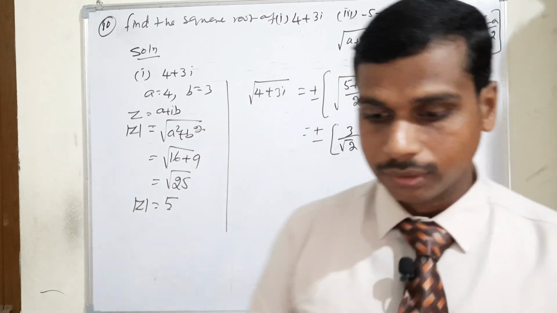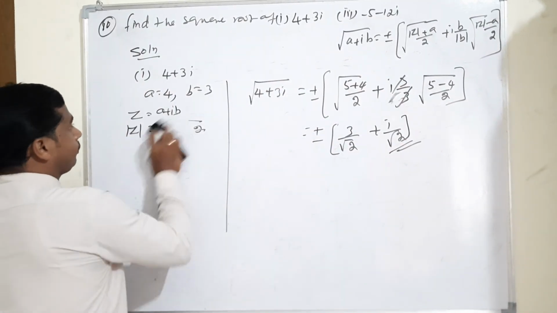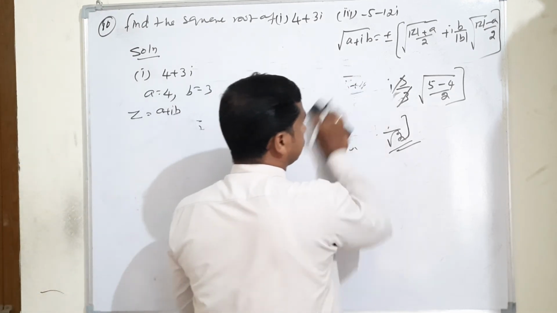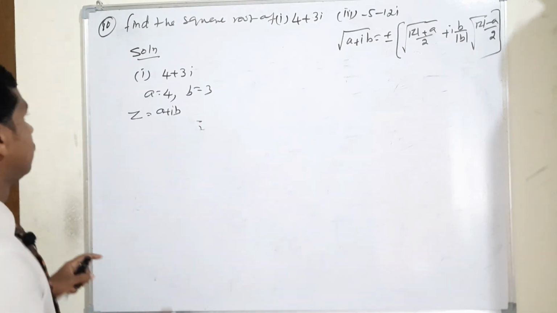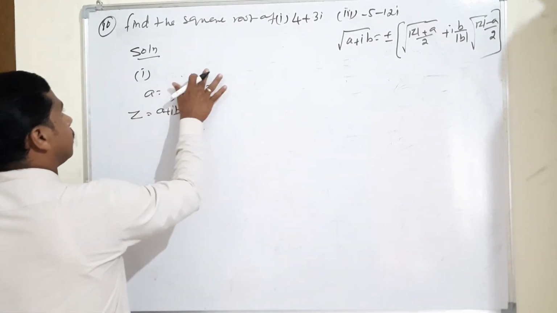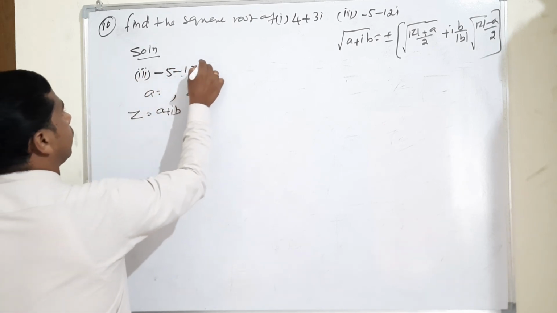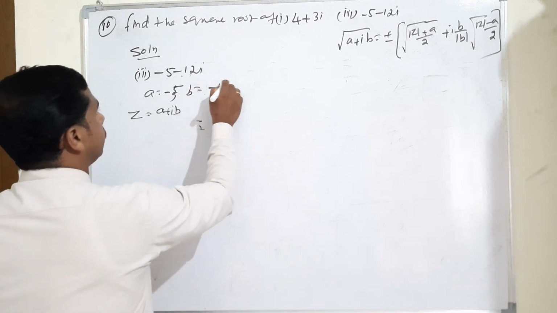Moving to subdivision 3. So definitely the question, subdivision 3: minus 5 minus 12i. a is equal to minus 5, b is equal to minus 12.